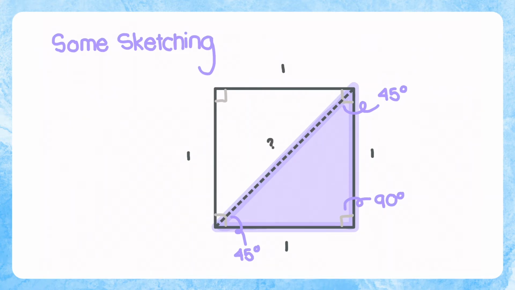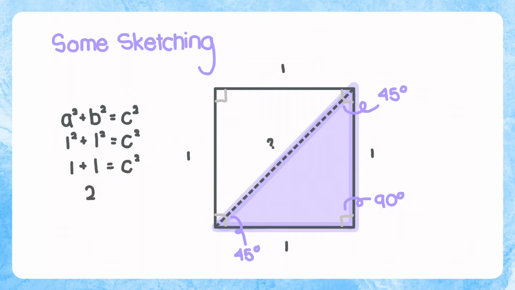Well, I can actually use the Pythagorean theorem. A squared plus b squared equals c squared because we have a right triangle. A and b are both 1, and we're solving for c. Let me know if you have questions on these steps right here.